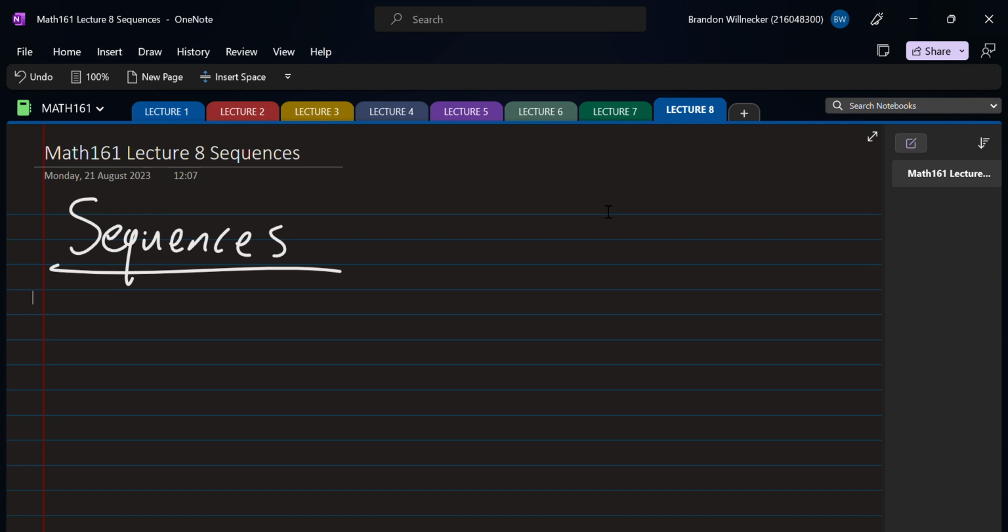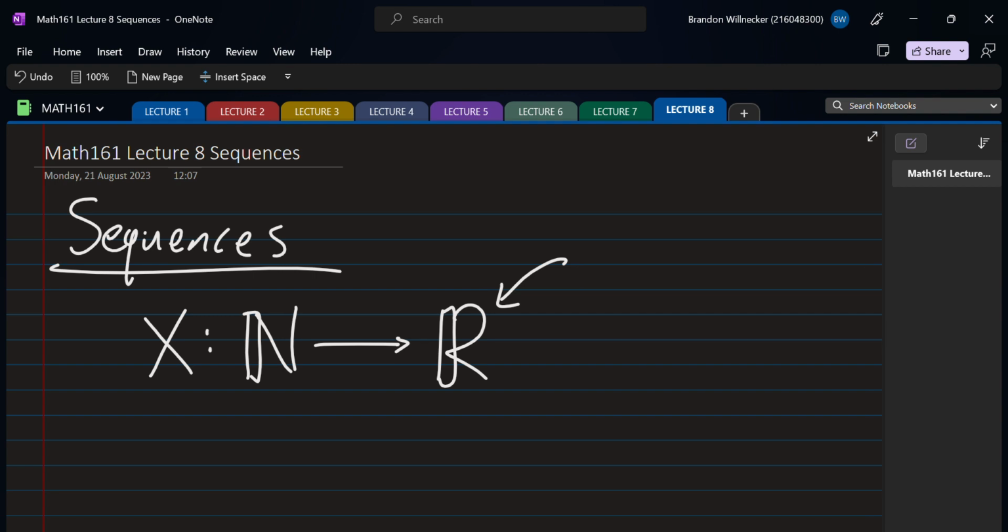Technically speaking, a sequence is a map or a function, let's call it x, that maps the natural numbers into the real numbers. So these would be examples of real number sequences. However, this target space, the reals, we can replace with other things, and then we would get sequences of that.